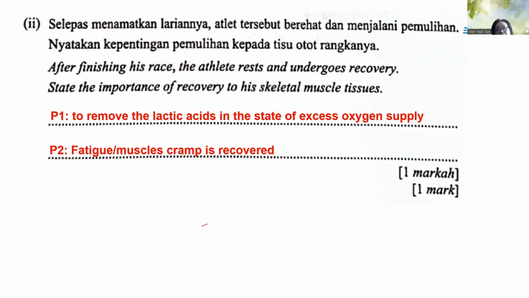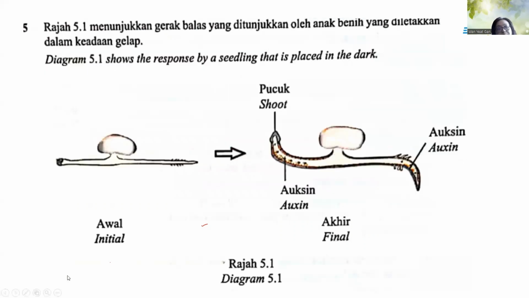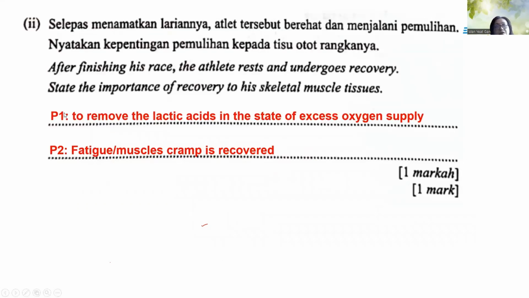The person can recover from muscle cramp once the oxygen has been used to oxidize the lactic acid completely. Then we say the oxygen debt is paid. So that is the answer for this question.